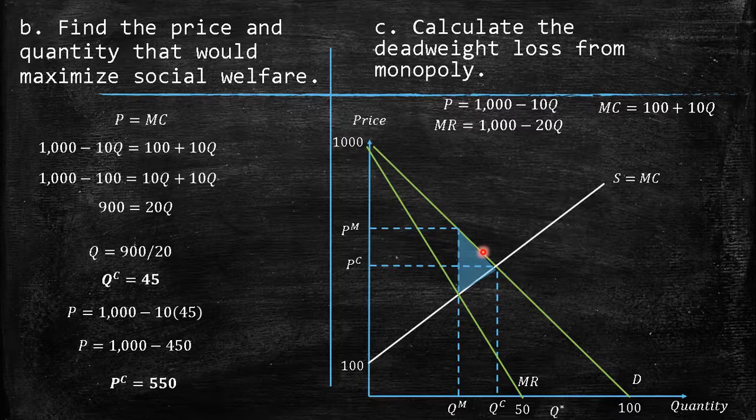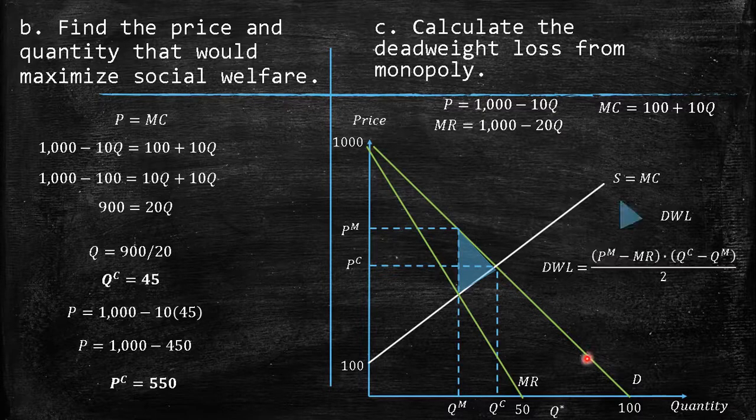This is the triangle that represents the deadweight loss, which is kind of all the transactions that are not going to occur anymore due to the higher price. So this is similar to the deadweight loss of a tax, just like the taxes should be taken by the monopolist. So here we have the equation.